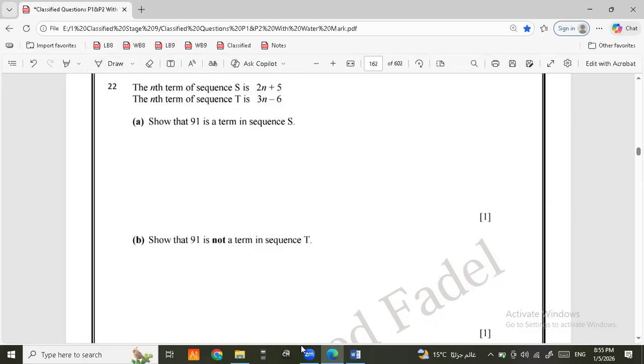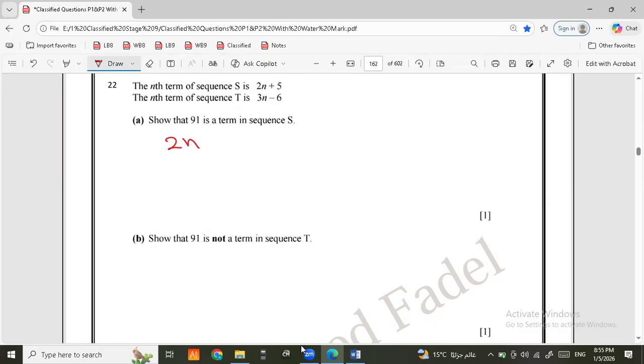I'm going to take sequence S, which is 2n plus 5, and I will say that it is equal to 91. And I will solve the equation. If n is a whole number, then 91 is a term in the sequence.